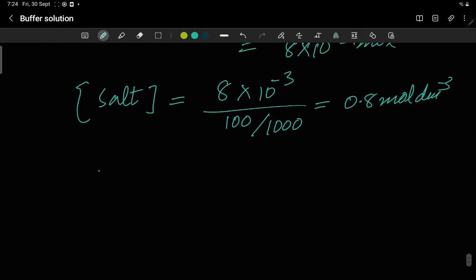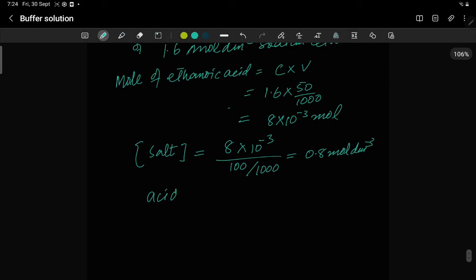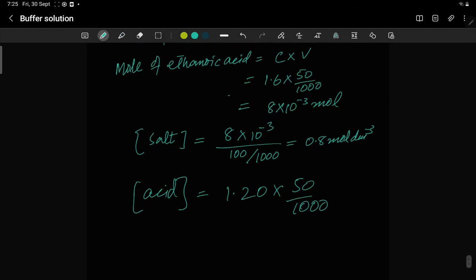The next is the acid concentration. The moles of acid is 1.2 into 50 divided by 1000, so this is equal to 0.6. Sorry, this is moles.